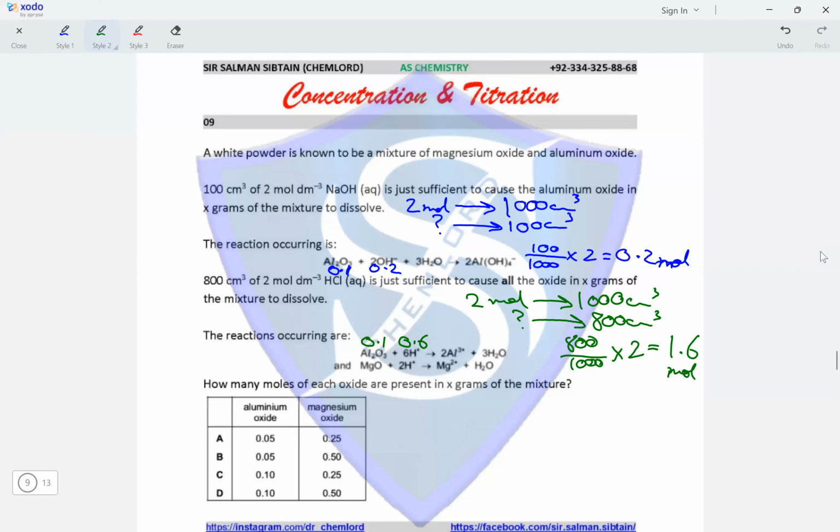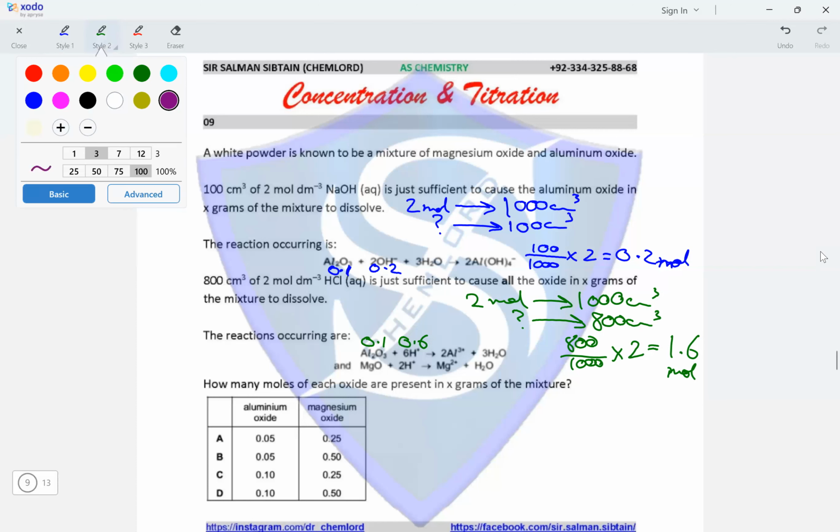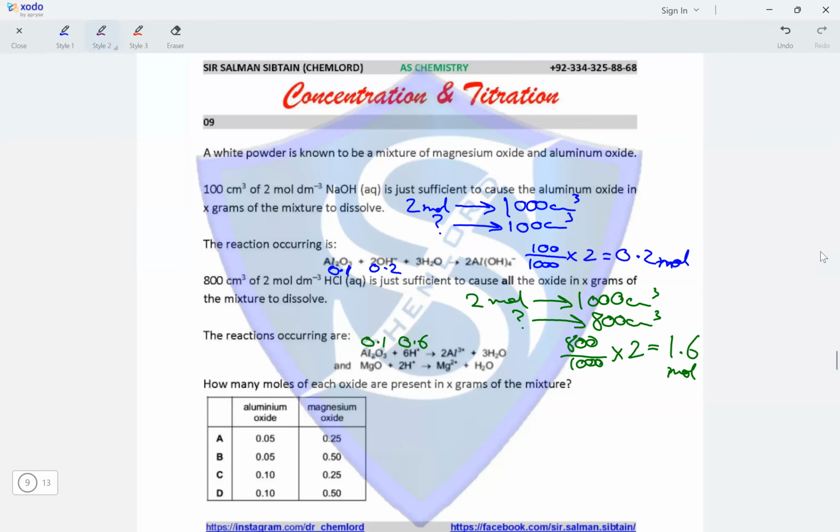So the total number of moles of acid that reacts is 1.6 moles, and the moles of acid that reacts with Al2O3 is 0.6 moles. So the moles of acid that reacts with MgO would be 1.6 minus 0.6, which gives us 1.0 moles of HCl reacting with magnesium oxide.